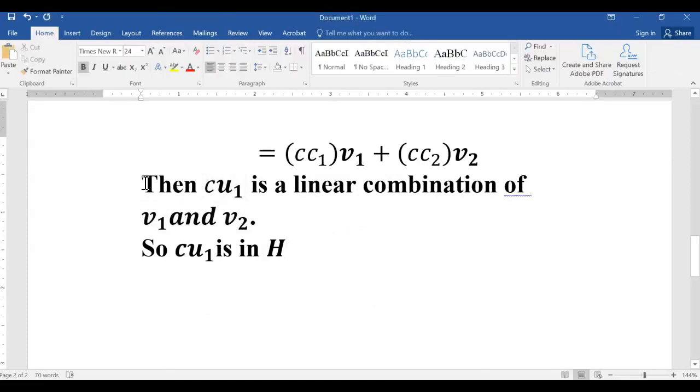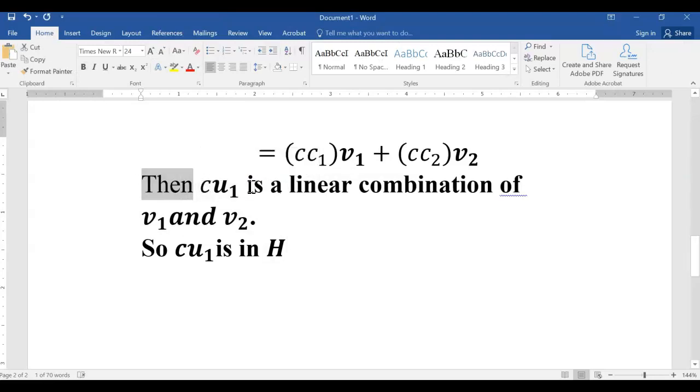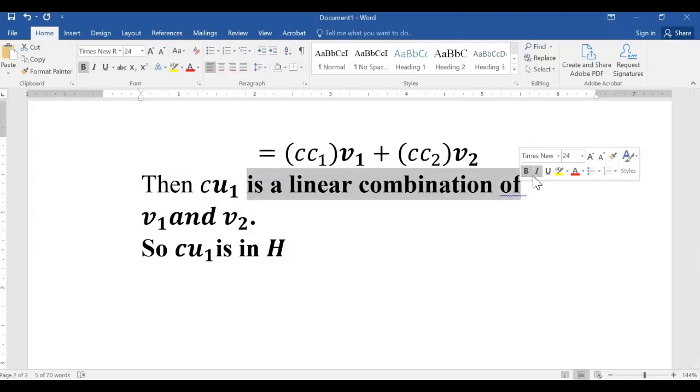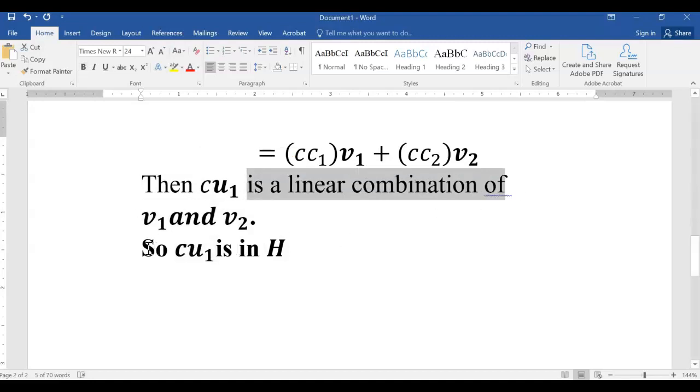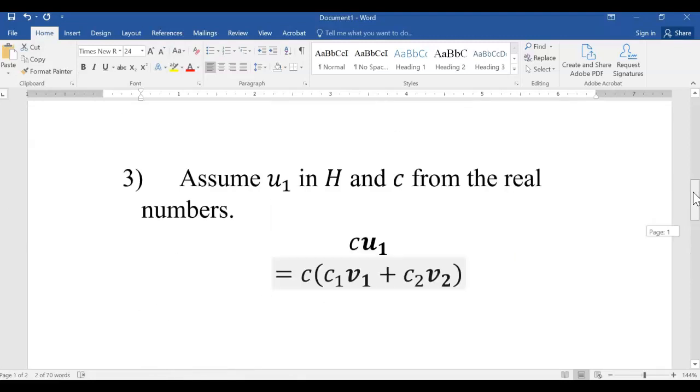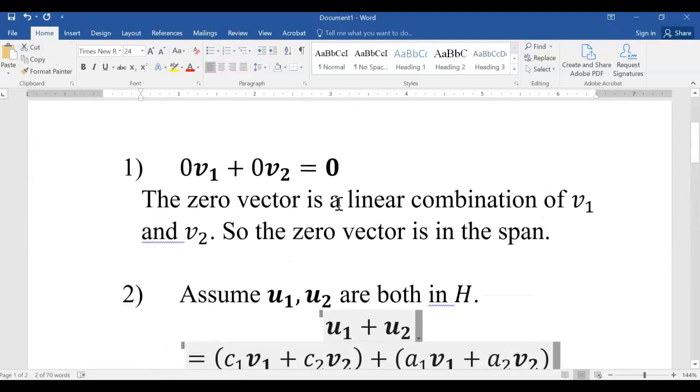So when we're looking at the span of a set of vectors, a span of the set of vectors is always going to contain 0 because of this property.